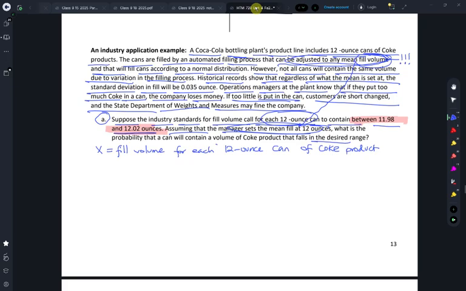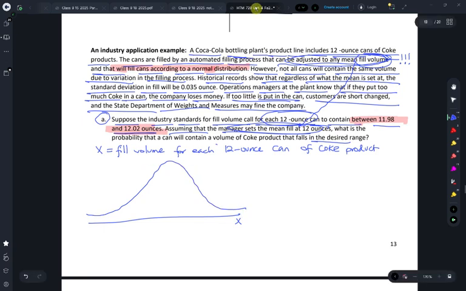And it varies according to a normal distribution, as was indicated at this point. That the fill volume follows a normal distribution. So our X in this case forms a normal distribution.